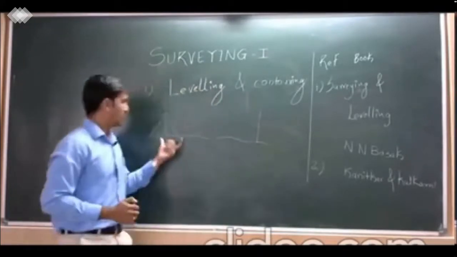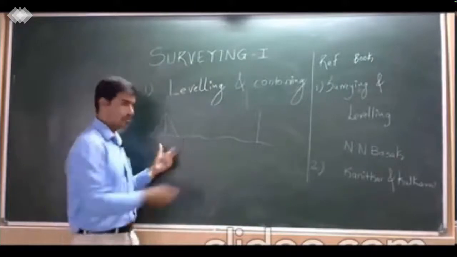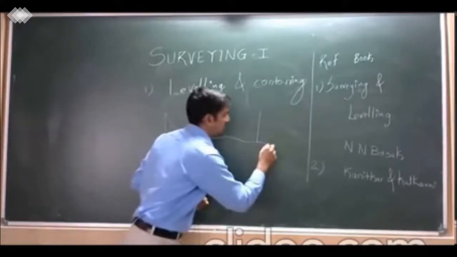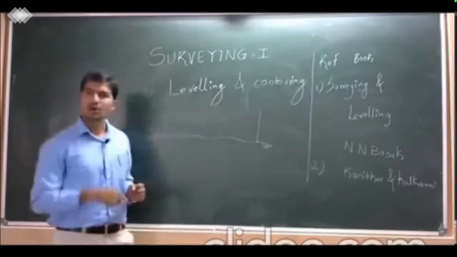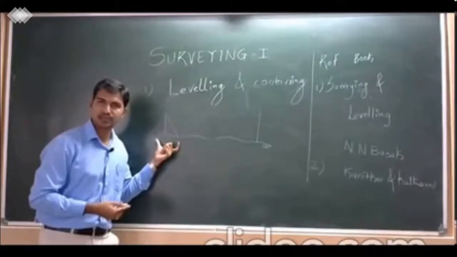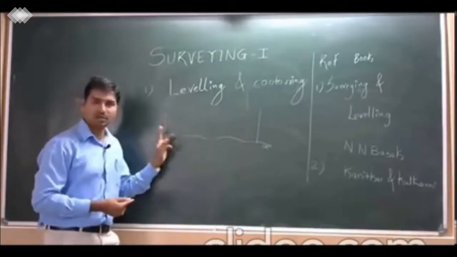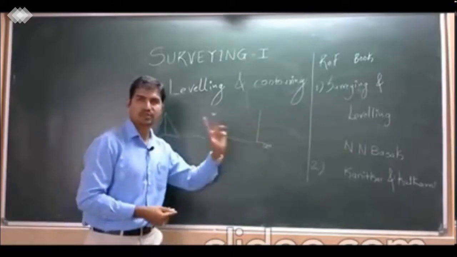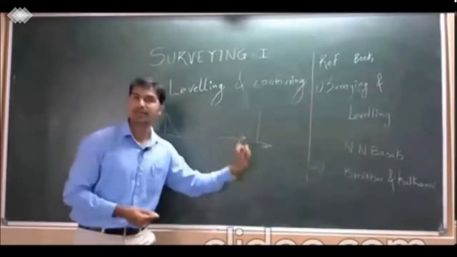What we have done, we have first of all drawn a ground surface. On that ground surface, we have kept a leveling instrument, like maybe a dumpy level or a tilting level. And in front of that instrument, I have kept a leveling staff.